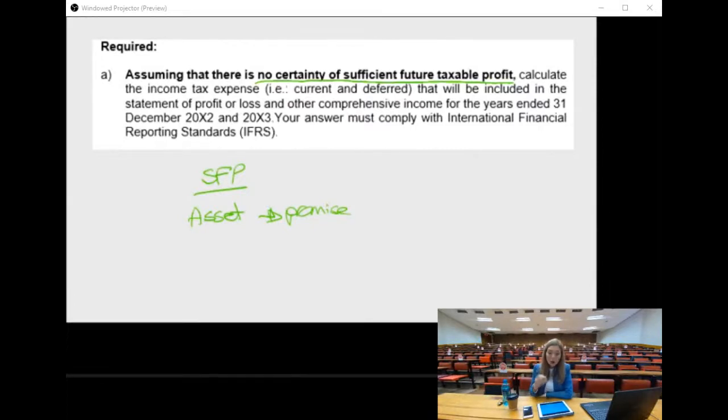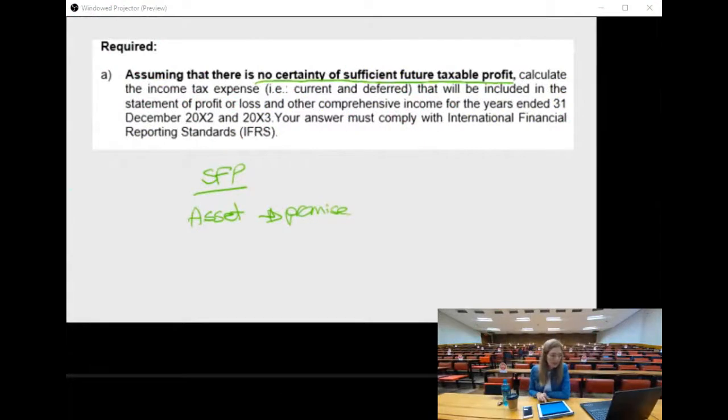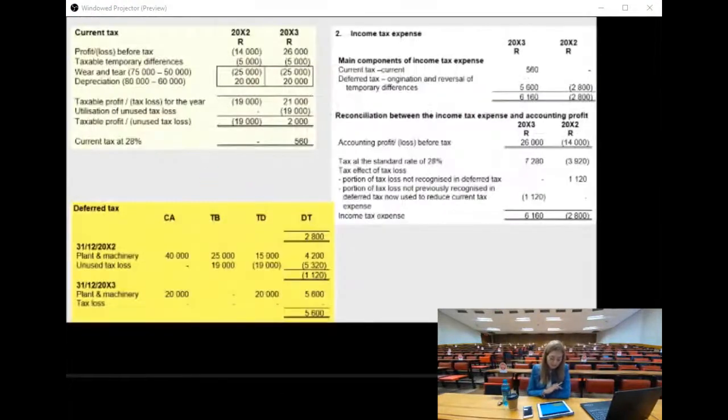So therefore, the only way we can get value in the future from a tax loss is if we make profits against which we can use the tax loss to pay less tax. So if we're not going to make profits in the future, we cannot recognize that asset. And that's what happens here in class example 14. Good.